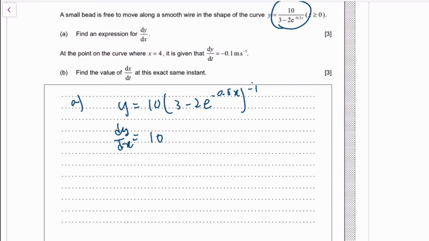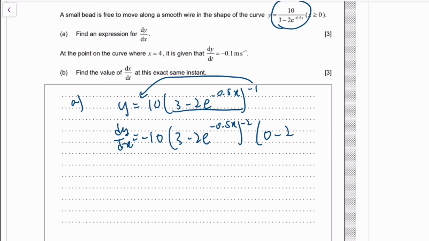When I differentiate, the power drops to the front, and you minus 1 from the power. And then you do chain rule, you differentiate the inside, differentiate 3 is 0, minus 2 is a coefficient, differentiate e is just e. Then chain rule again, times differentiate the inside of e, so negative 0.5.